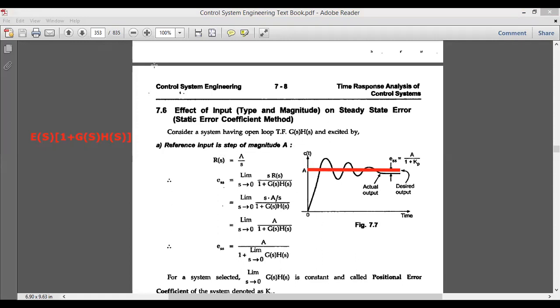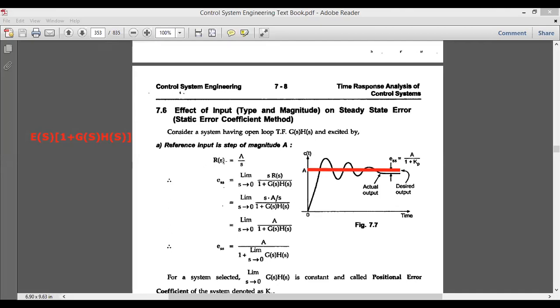So my input R(s) becomes A divided by s. So if I apply this R(s) as a reference input to a control system, then to find the steady state error for this input signal, we get the limit s tends to 0 of s multiplied by R(s) divided by 1 plus G(s) into H(s).